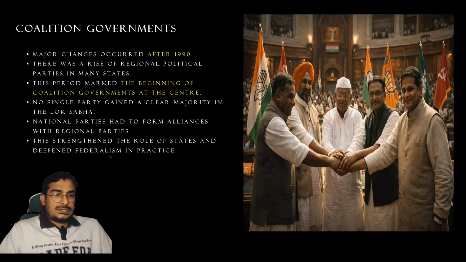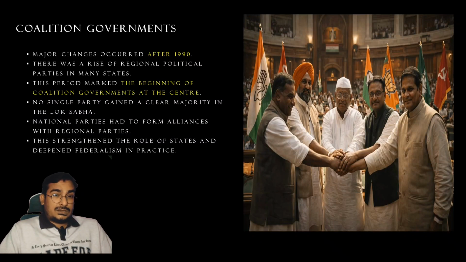Multiple leaders were coming out of the Congress party, moving into other political parties, and Congress slowly started to come down, whereas the regional parties started to rise. This helped the concept of federalism. The reason is, when there is no single political party at the center, the party forming a government at the center would require the support of regional parties.